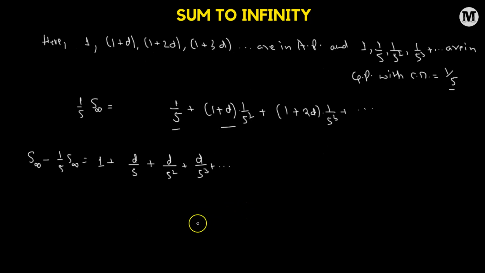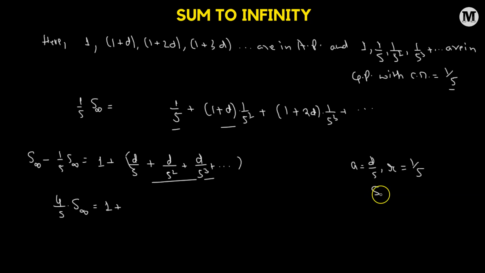Okay, fine. Now, on the left hand side, we have 4 over 5 multiplied to S infinity. This will be equal to 1 added to the sum of these terms, which is a geometric series. We can easily obtain it because we know its first term, d over 5, and its common ratio r, which is 1 over 5.